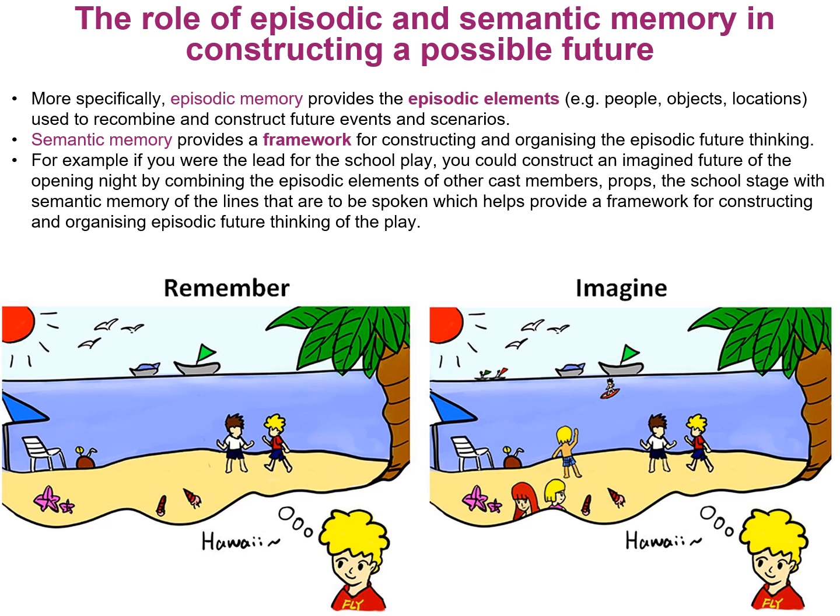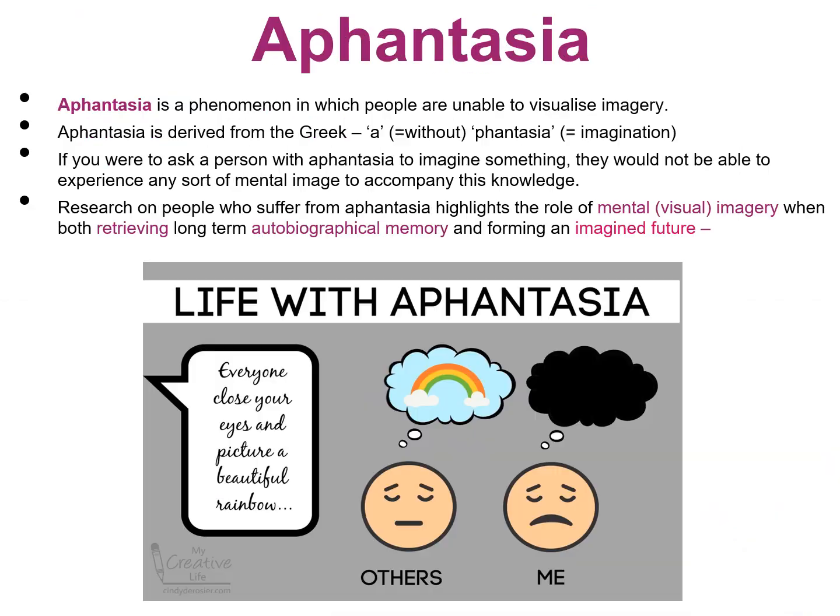So in my example here, if you were the lead for a play and you were trying to construct an imagined future of opening night, just to kind of help with your preparation, then the episodic elements are your mates who are the cast members, the props, etc. These relate to a time and a place when these will be needed. And then the actual lines that you're going to use, particularly in your opening monologue, they're semantics, they're factual, which give you a framework for basically visualizing that opening performance.